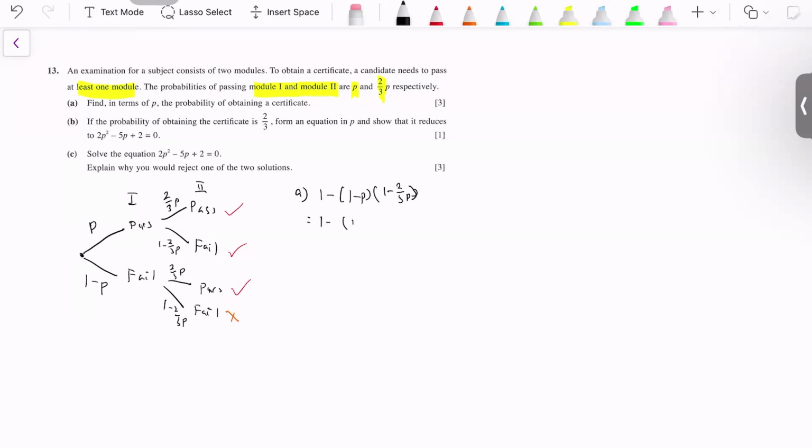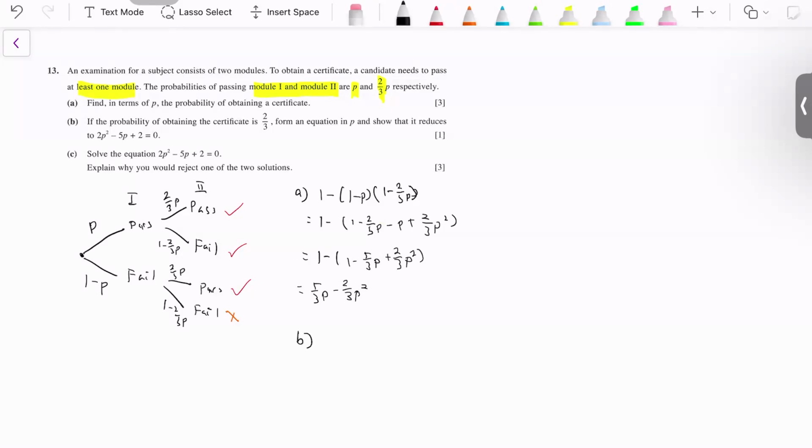So basically, this is our probability. Okay, so that's our part one, part A.